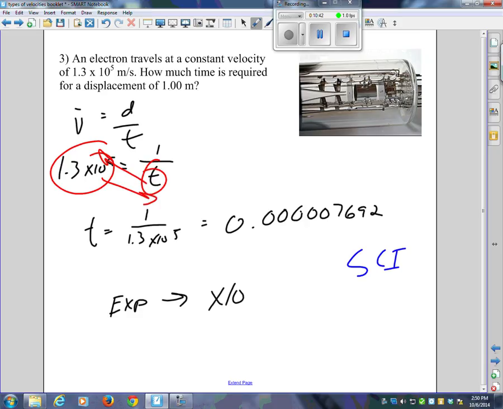It's hard to find. Well, that would be equal to 7.69 to the power of negative 1, 2, 3, 4, 5, 6. So it'd be 7.69 times 10 to the minus 6.